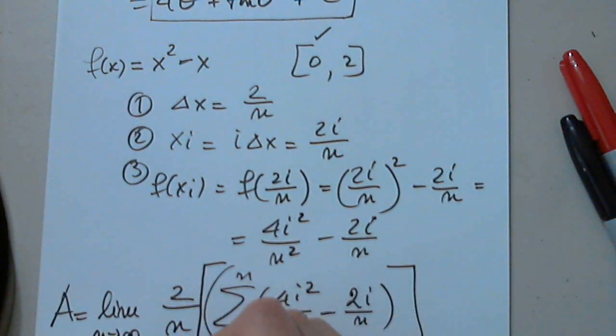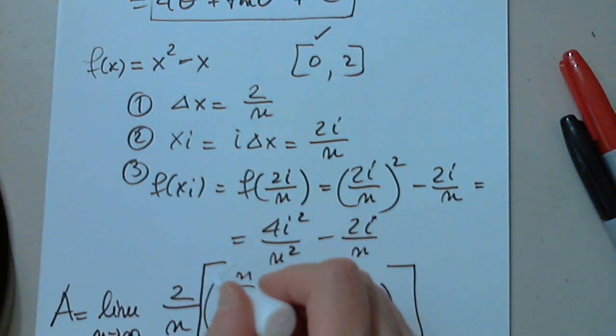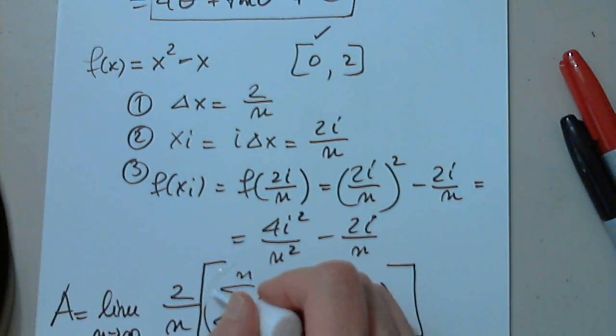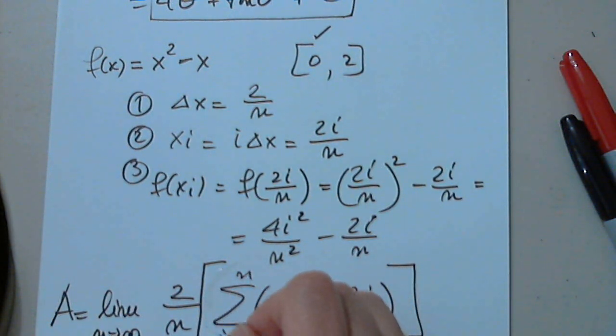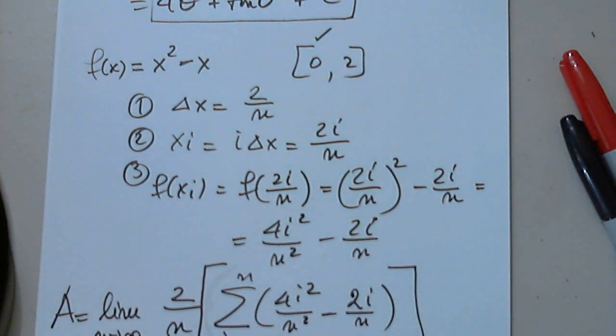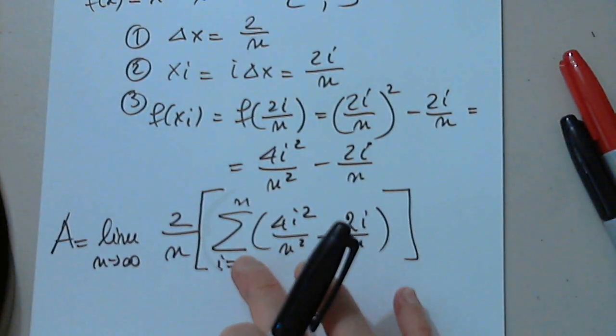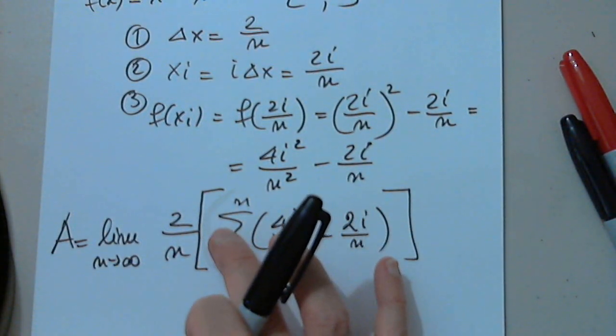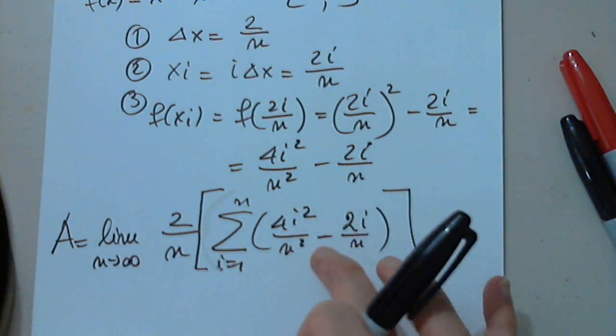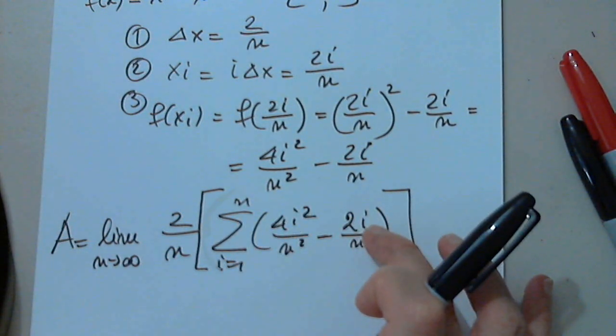Let me put brackets here. It's the same thing. We can use nested parentheses, but it looks better with brackets. It doesn't matter, but it looks less confusing, I think. Okay, so now a property of the summation notation is sum of the first generic term, in this case minus the sum of the second generic term.